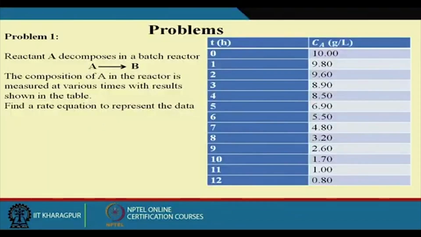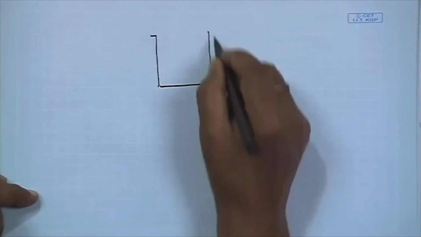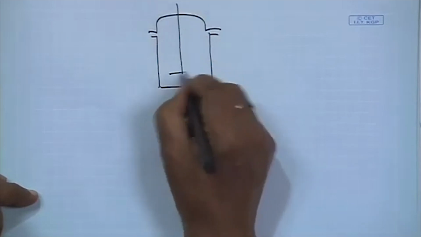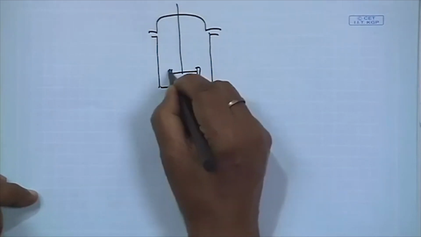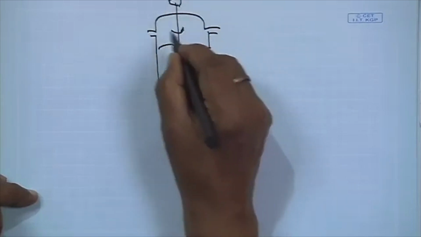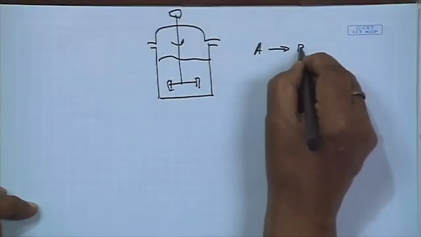Suppose this is a reactor, and the reaction we have is A to B. Am I right?